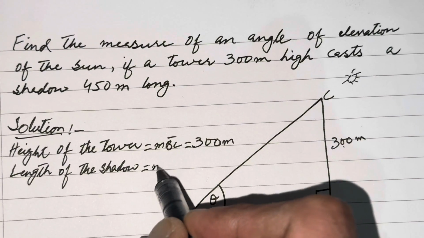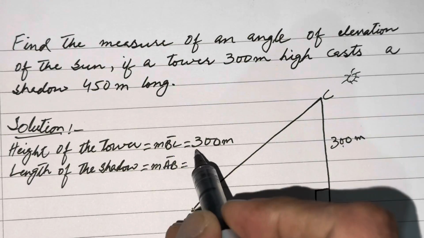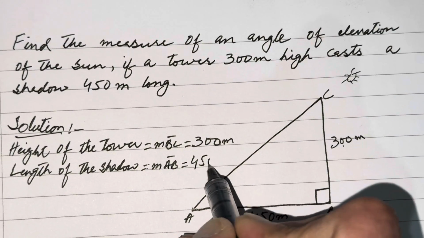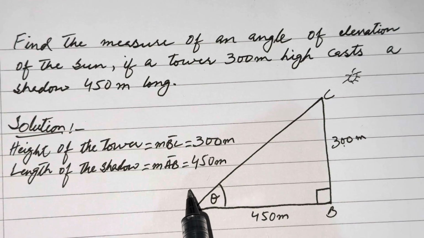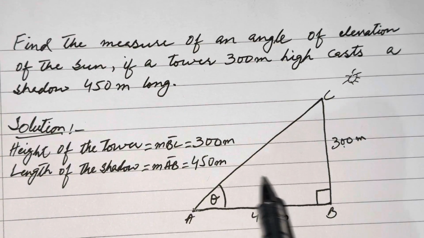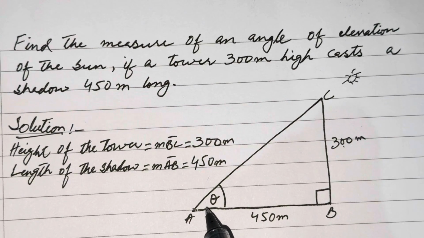So the measure of AB is equal to 450 meters. What we have to find is the angle of elevation of the sun, which is represented as theta.